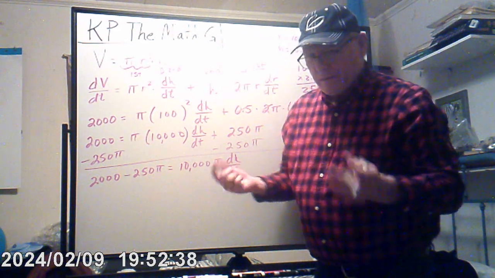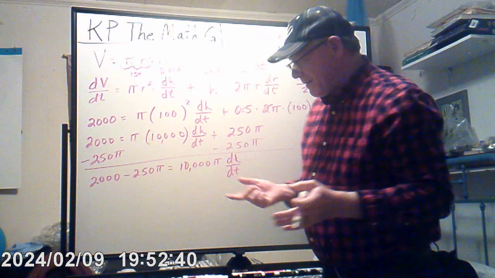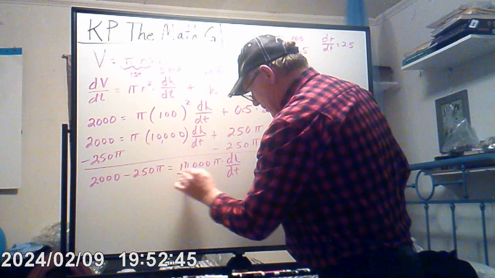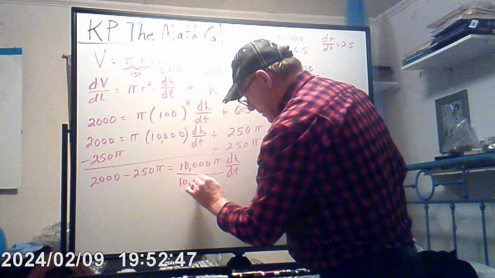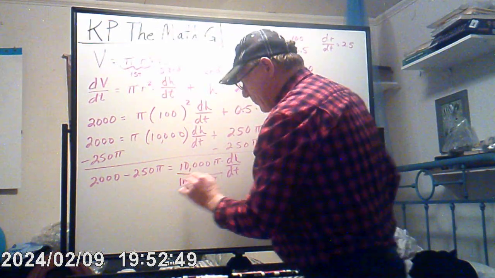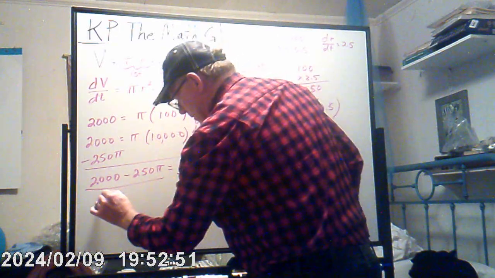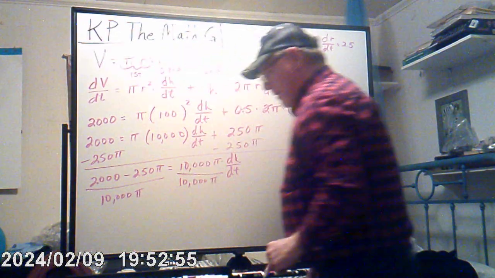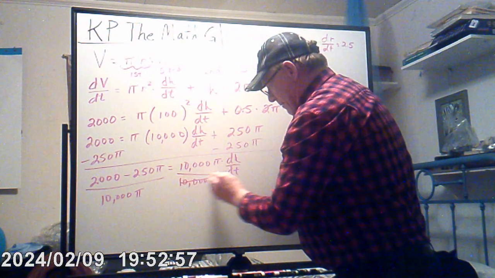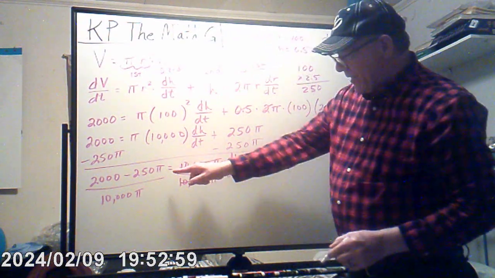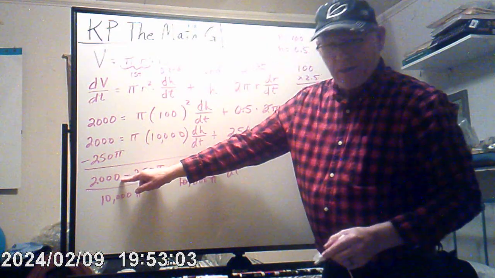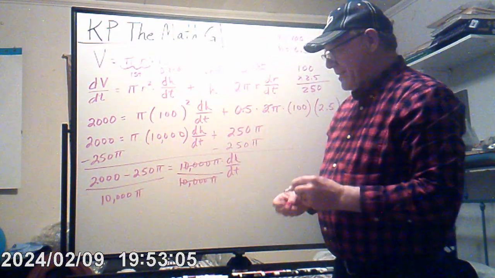That's just a matter of arithmetic now, isn't it? This is multiplying, so we're going to divide by 10,000 pi. Now at this level, do not make a mistake and just say, I'm going to divide all pi's. You don't have a pi over here, so leave that as is.